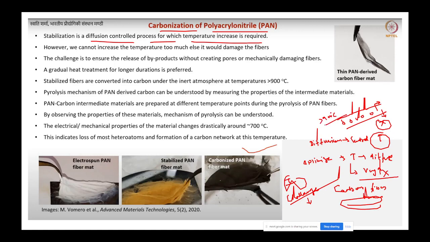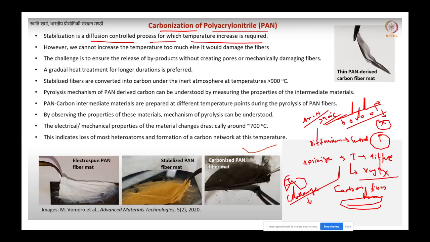Here you have to use an inert atmosphere such as nitrogen or argon. Pyrolysis mechanism of PAN-derived carbon can be understood by measuring the properties of the intermediate materials. So here you can analyze through this.